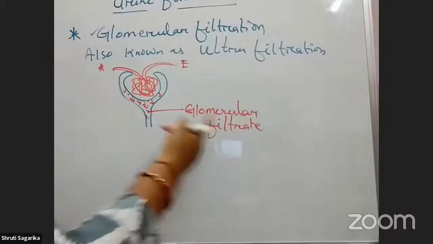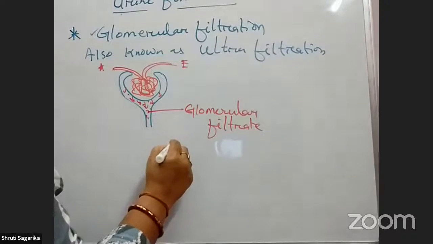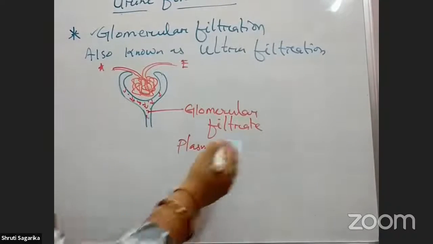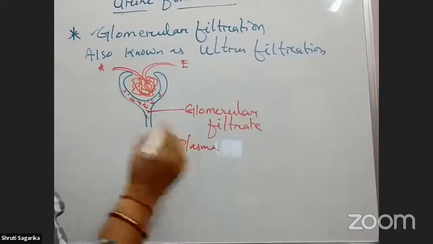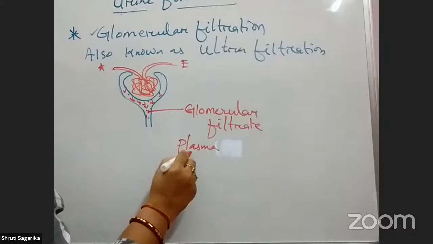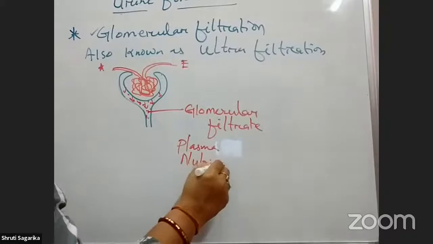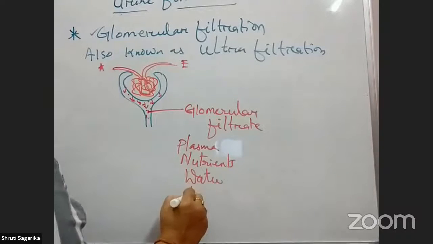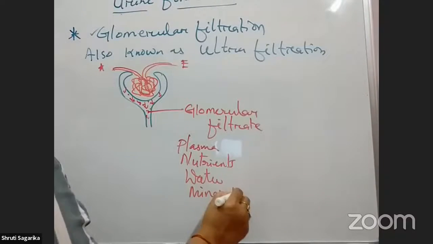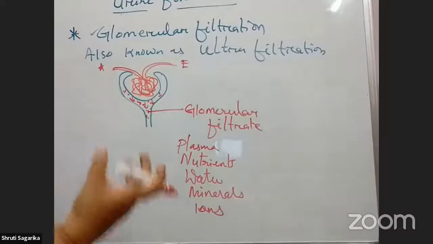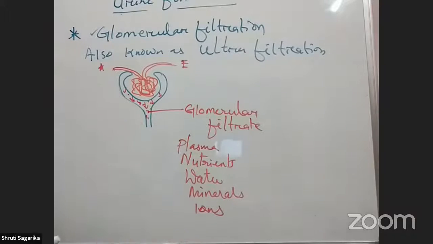The glomerular filtrate contains plasma, amino acids, nutrients, water, minerals and ions. These are a few substances which are squeezed out. Now, how will they be squeezed out?